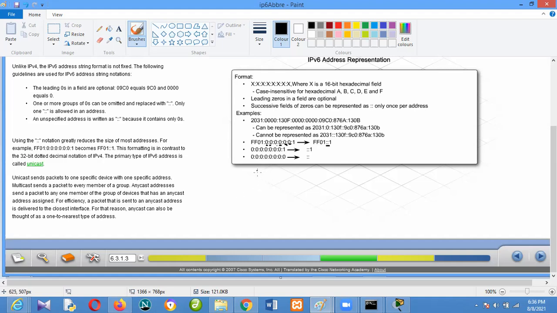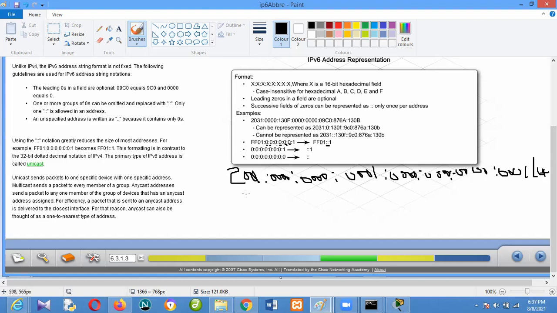Now, there's a possibility too that you can have something like this: 2001, then 0000 0000 0000, then 0001, then 0000 0000, then 0001/64. 1 2 3 4 5 6 7 8.